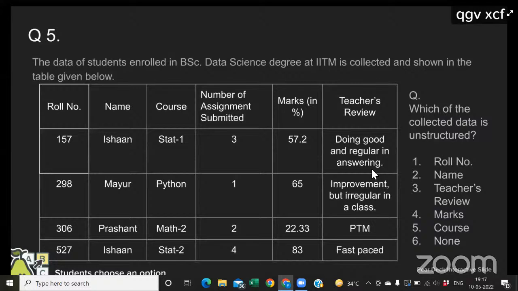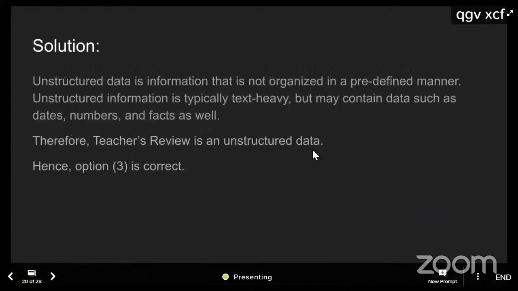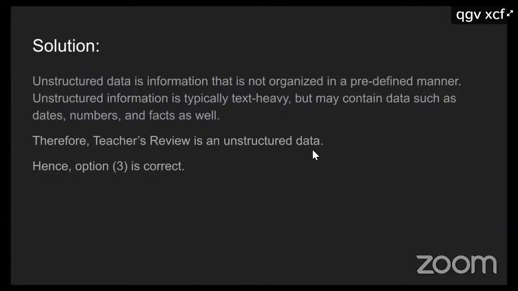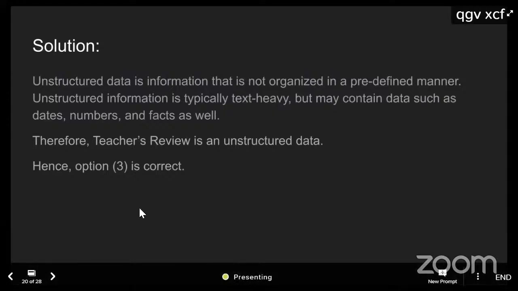No, why structured? It's a teacher's review. Suppose instead of PTM, I can write very poor. It's a review, it's feedback. Unstructured data is typically text heavy, like students' feedback. This type of thing you cannot organize in a predefined manner. Pawan, there are no definite boundaries on what kind of data can come in that cell.